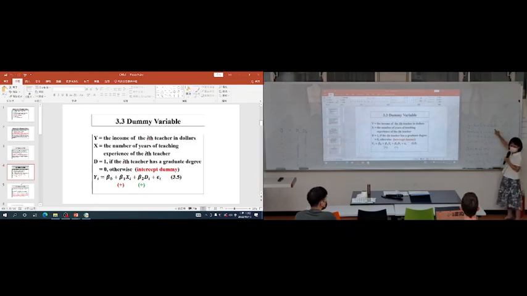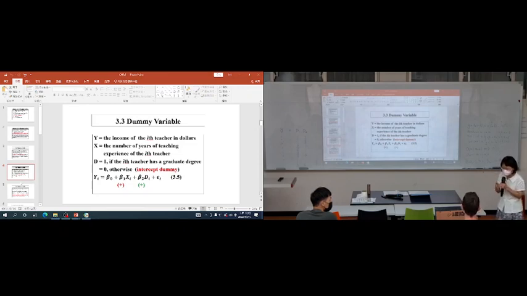The coefficient of this dummy affects the value of the intercept only, called intercept dummy. Did you see this beta 2? So what is the difference between dummy and intercept dummy? Well, it seems like it's the same thing then. No.